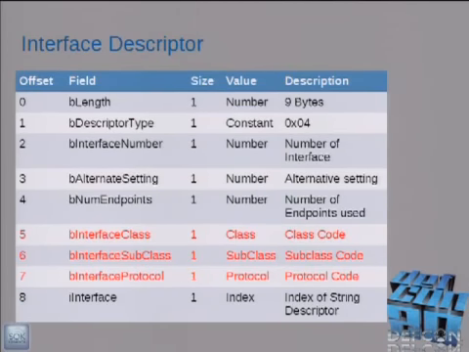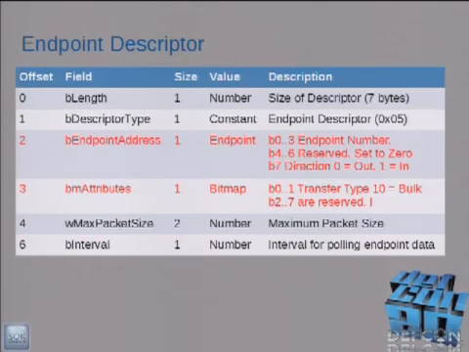And again, in the interface descriptor, we can have the class, subclass, and protocol. If we had zeros in the earlier descriptors, then we eventually do have to say what kind of device this is. And then we have to describe our endpoints.